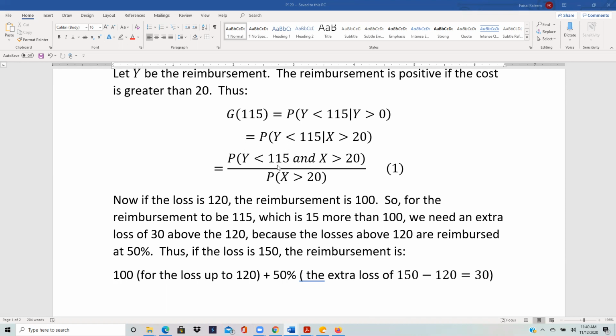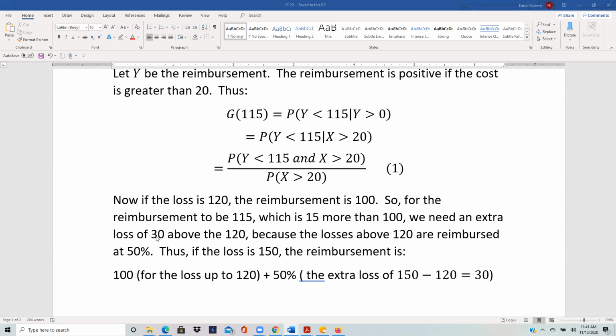you are reimbursed only at 50%. So the first 120 gets you 100 in reimbursement. For the extra 15 that you need, you need an extra cost of 30, because after the 120, the reimbursement is only half. So if the cost is 150 total, that's 30 more than 120.